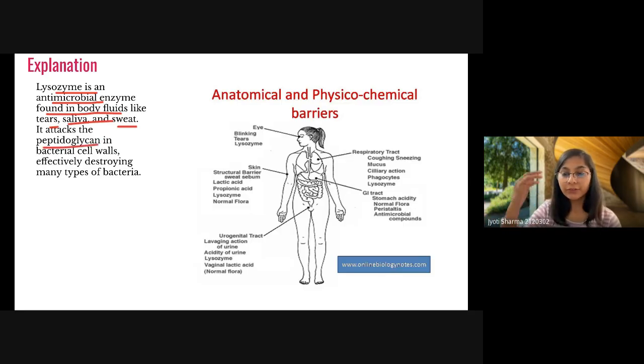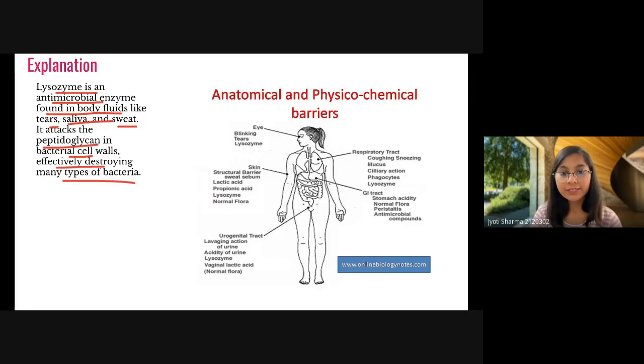The cell wall of bacteria has one compound, the peptidoglycan layer. So it attacks the peptidoglycan in the bacterial cell wall, and that's why it destroys many types of bacteria. That's why sweating also protects us from bacterial infection.